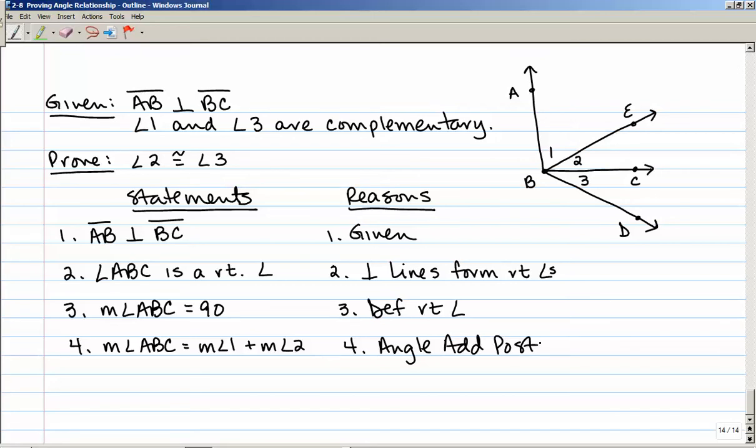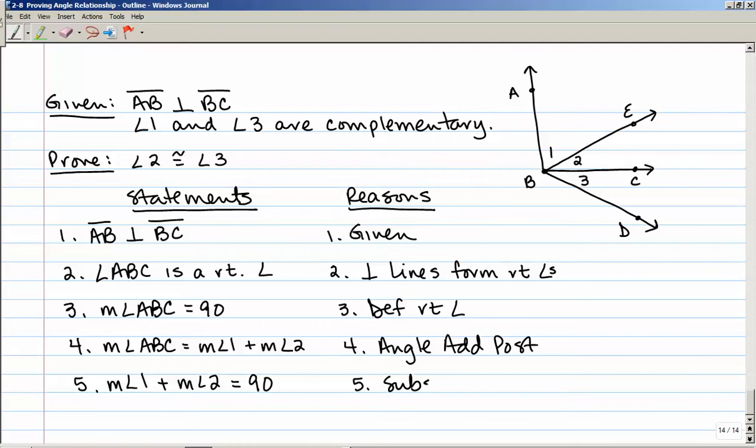So two angles that are next to each other add up to the large angle that they make up together. Okay. And now by substitution, here I said the measure of ABC is 90. Here I said the measure of ABC is angle 1 plus angle 2. So by substitution, I can say the measure of angle 1 plus the measure of angle 2 is equal to 90.